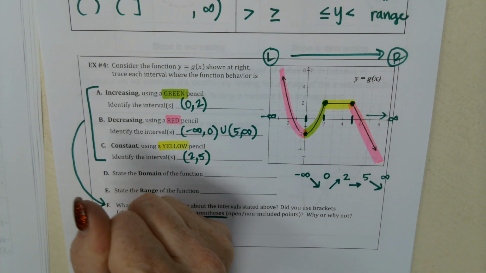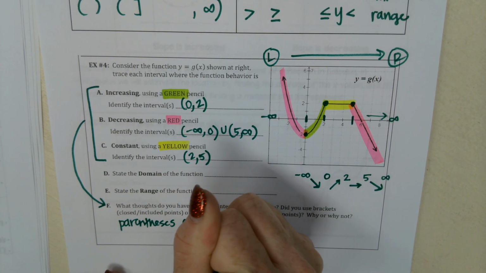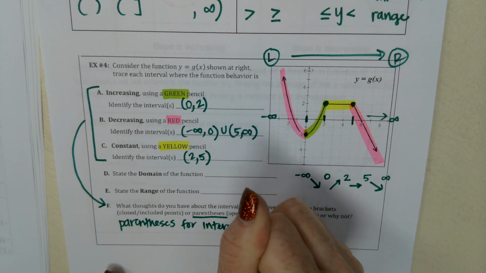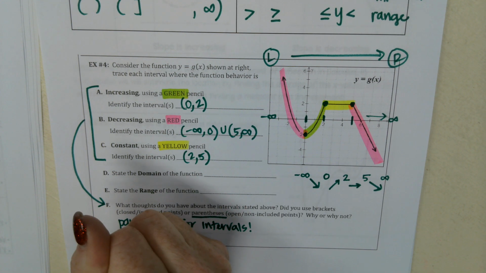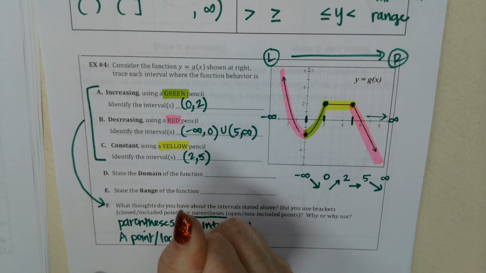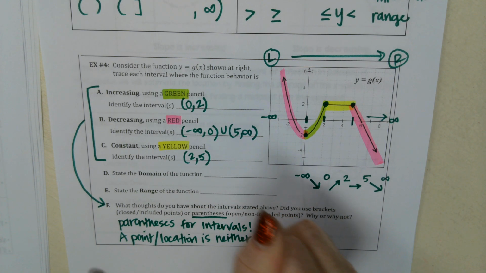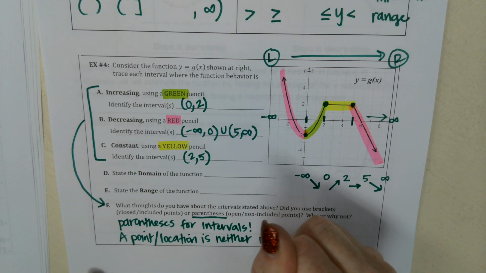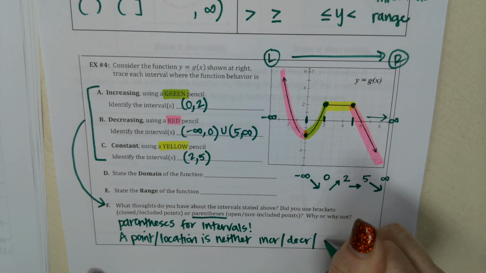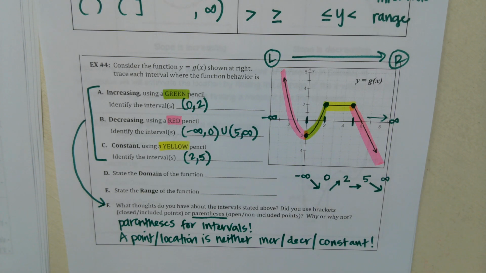So I'm going to say parentheses for intervals, and then I'm going to explain why. A point or location is neither, however you want to say it, increasing, decreasing, or constant. So I use parentheses for all intervals.